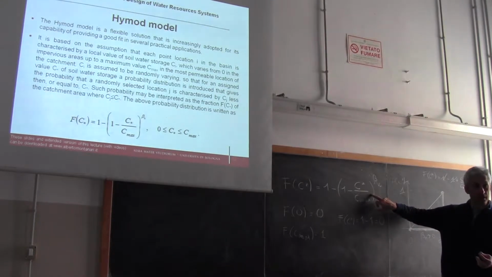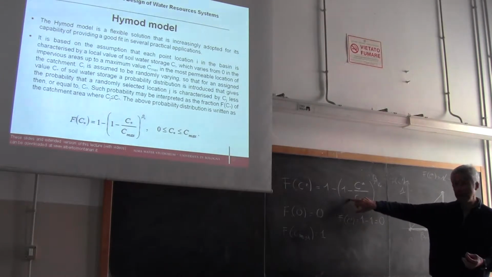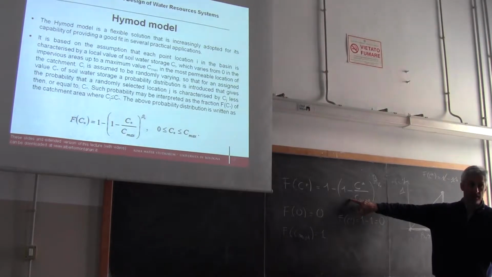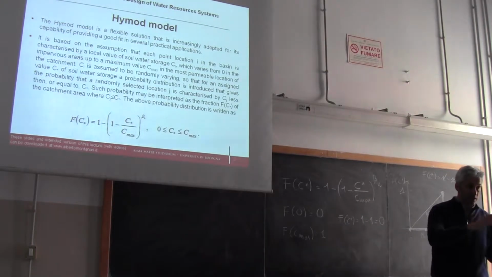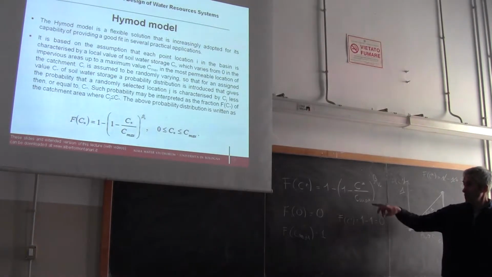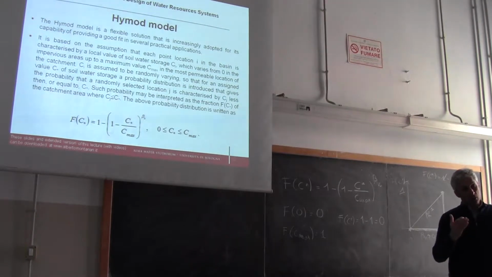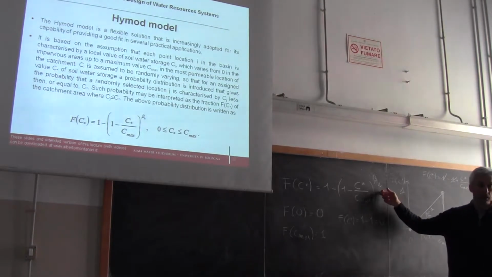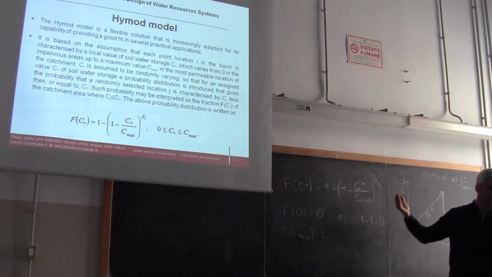If this is lower than 1, 1 minus something that is lower than 1, the result is lower than 1. It's between 0 and 1. If you take something that is lower than 1 and you elevate it to the power of infinity, it goes to 0.